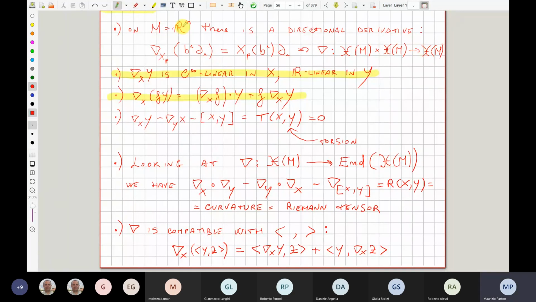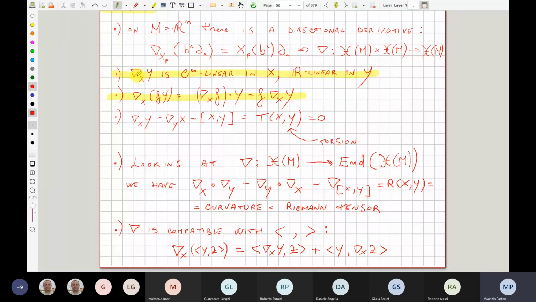In Rn, this connection is usually denoted by capital D, at least in this book, and this nabla notation is more standard for the general Levi-Civita connection, or for a general connection on an abstract manifold.